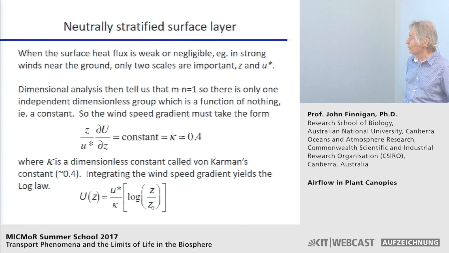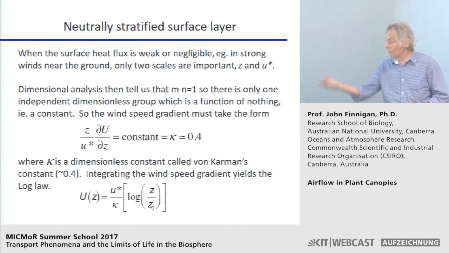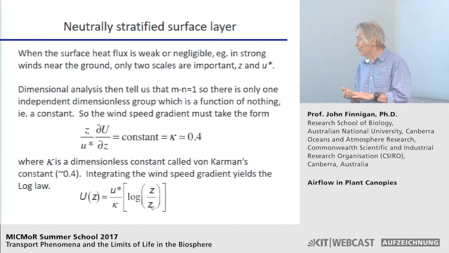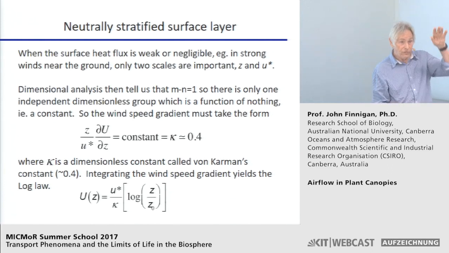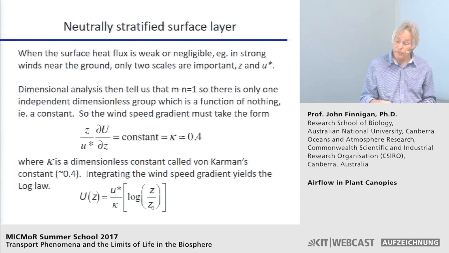And if we integrate that little equation, z on u star du dz equals k, then we get the famous logarithmic law that the wind speed, as you move away from the ground, increases like the logarithm of the distance from the ground. And z0 is an integration constant which characterizes how efficient the ground is at absorbing momentum.